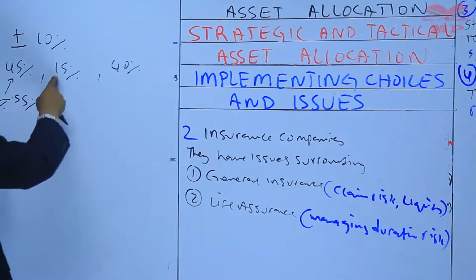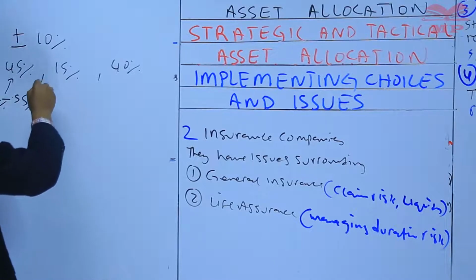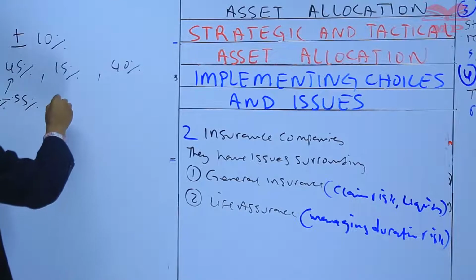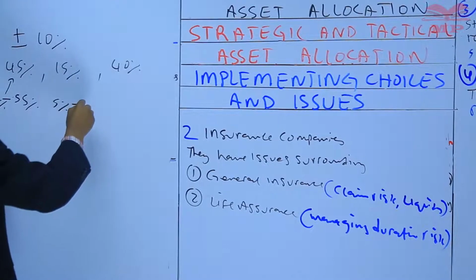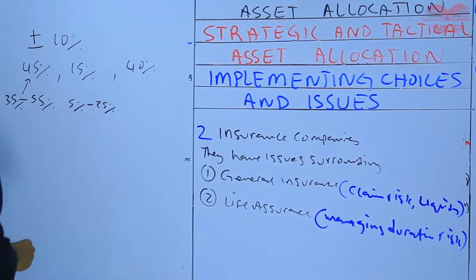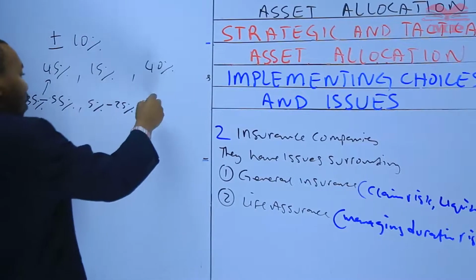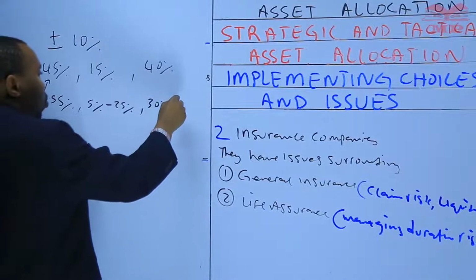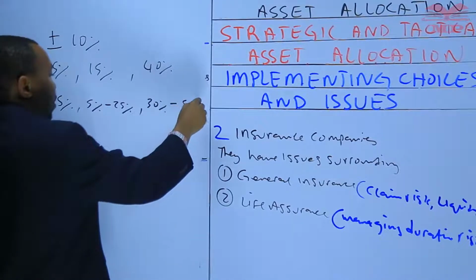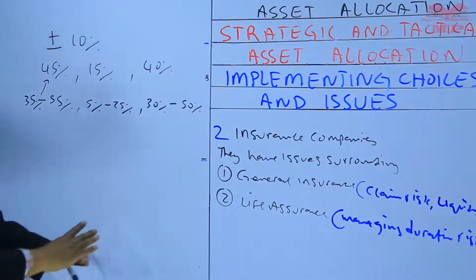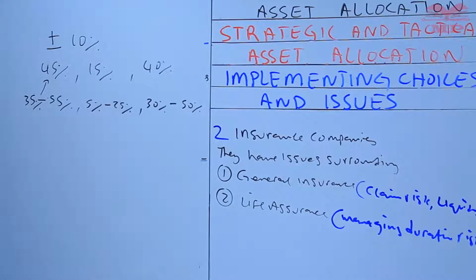Plus or minus 10%, it can go down to 5% to 25%. Here, it can go as low as 30% to 50%. So that is the area we are talking about.